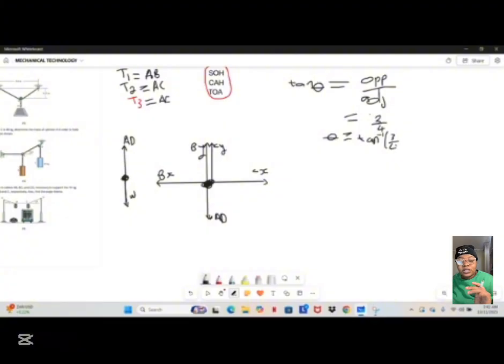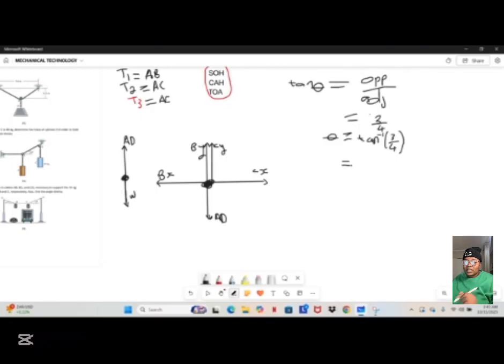We're going to take the three decimal numbers after the point, which is 36.869, in degrees.